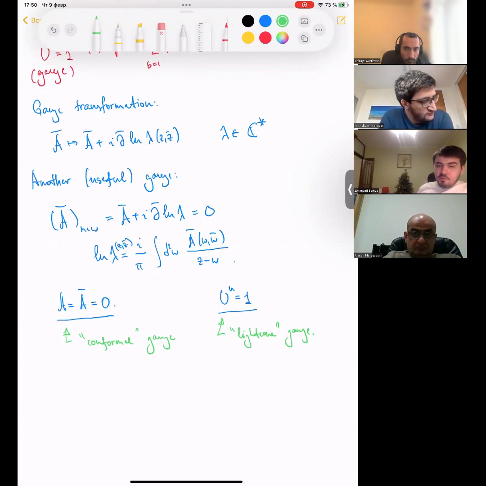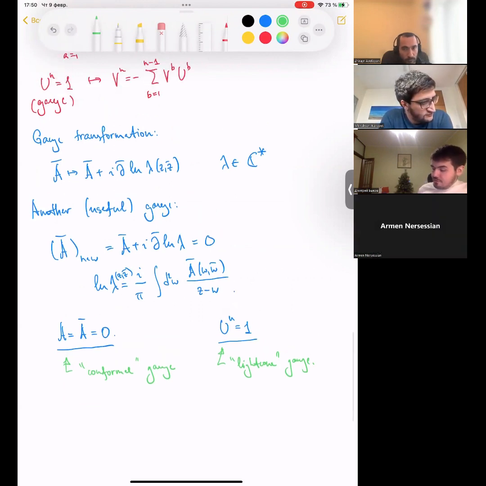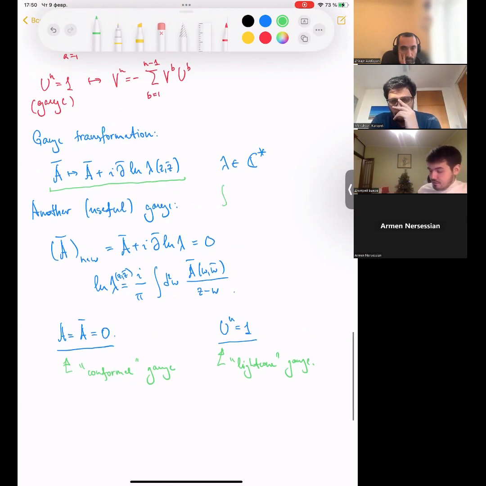So also notice that this gauge transformation, this complexified gauge transformation, means that we cannot add any local field strength densities to the Lagrangian. There's no local gauge invariance. So we cannot add a term like F_mu squared.